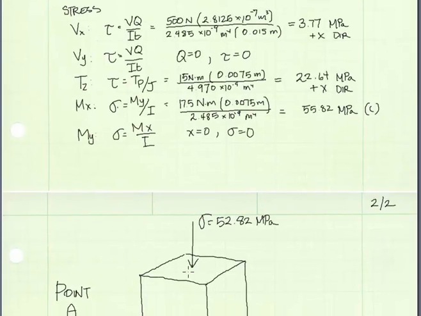Now let's consider shear. We have shear stress on this element from two sources. We had shear stress from our shear force in the x direction, which was 3.77 megapascals in the positive x direction. And we also had shear stress from our torque, which was 22.64 megapascals, also in the positive x direction.